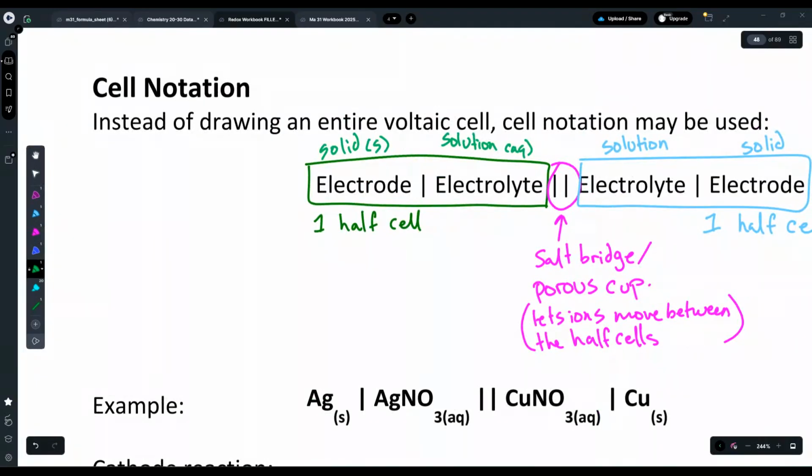Why are there lines in between the electrode and electrolyte? That's just to show that there's a boundary, or to show that the electrode is in a different state than the electrolyte.